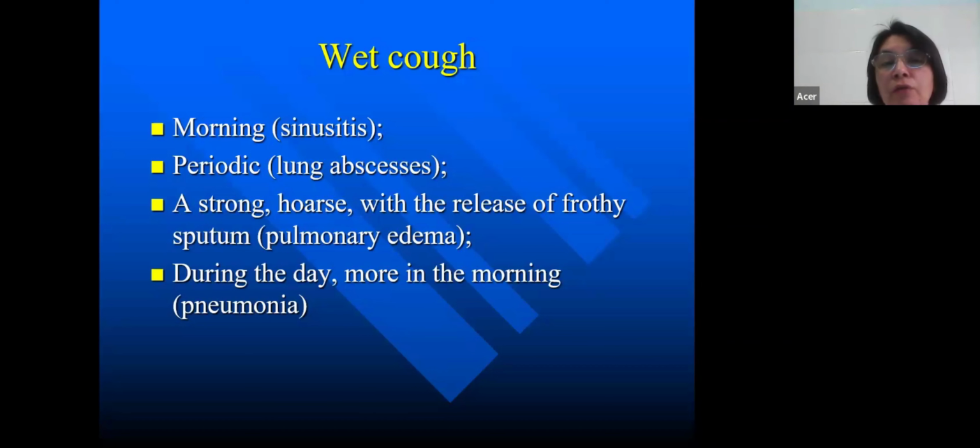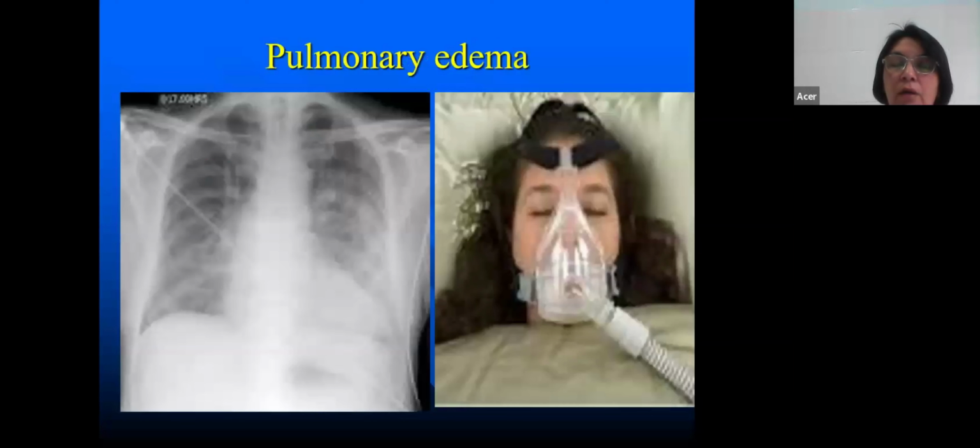And cough during the day, more in the morning, is typical for pneumonia. On the next picture, you can see an X-ray of a girl with pulmonary edema. But pulmonary edema is not a syndrome of the respiratory tract diseases. It may occur in a patient with heart diseases, left ventricle failure.